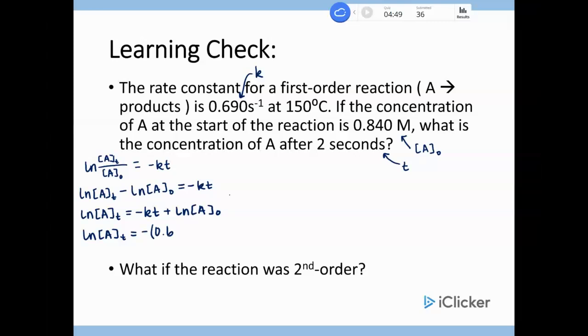So negative 0.690 seconds to the negative first power times 2 seconds plus natural log of initial concentration 0.840 molar. This is negative 1.38 minus 0.174.